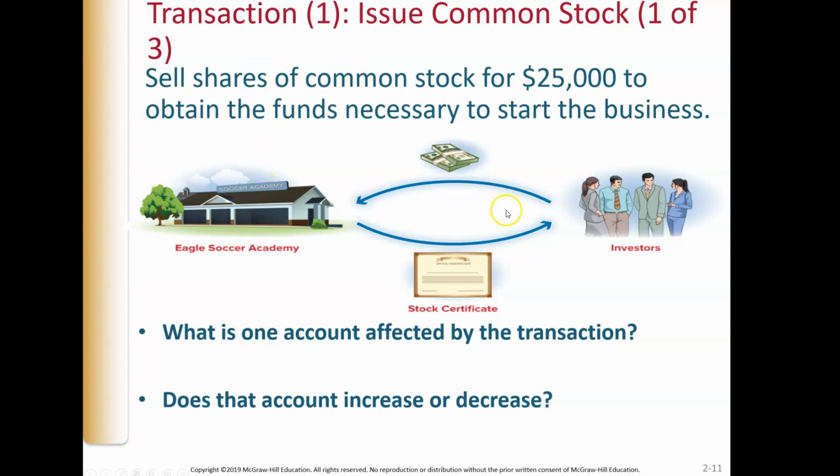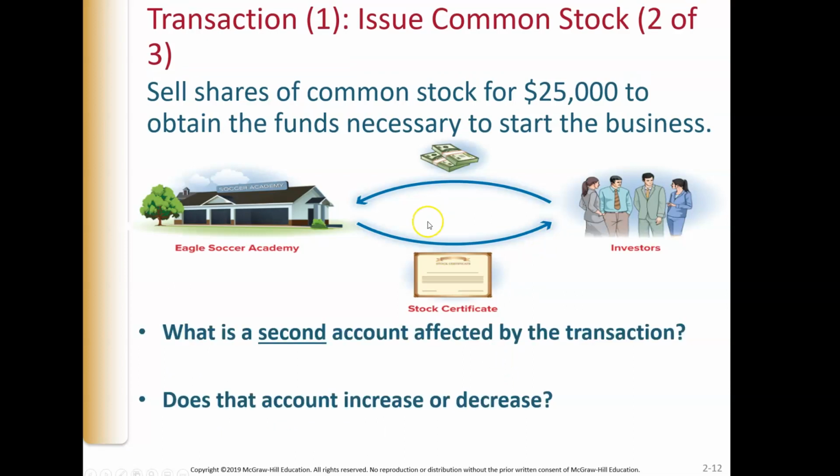So what's one account affected by this transaction? Well, we know it's cash because they sold shares of common stock for $25,000. That's cash. So cash is one of the accounts. Does the company's cash account increase or decrease? Well, it increases if they got $25,000. The second account, they're selling shares of common stock. So common stock is the second account affected by that transaction.